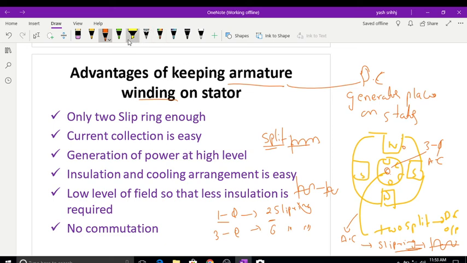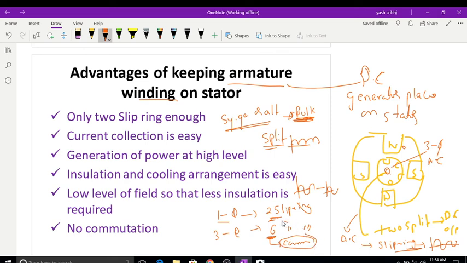But in the synchronous generator or alternator, a bulk amount of current and power is produced. Because of that, slip rings cannot carry the current, and commutation problems will take place.